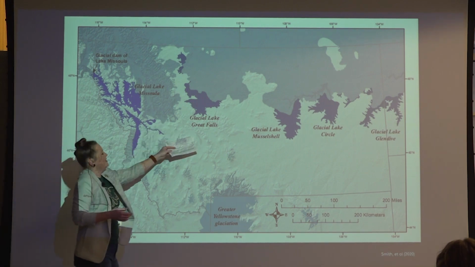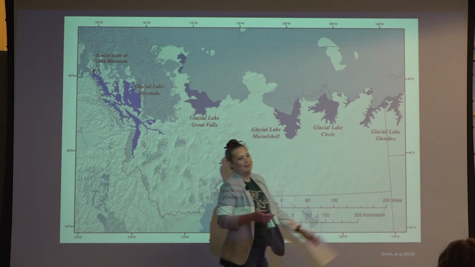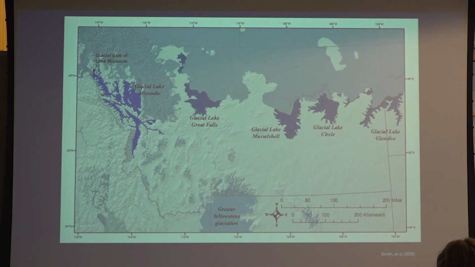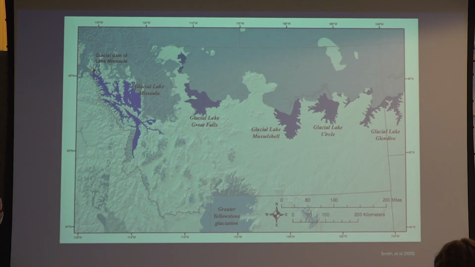But we also had Glacial Lake Great Falls, the Musselshell, Circle, and all the way out to Glendive. So this is the front end of that ice sheet. And anywhere that that ice came down and blocked a major waterway, you get a glacial lake. Also, you can have glacial lakes form just as the ice starts melting, and it just pools up in the depression that the ice sheet made as it advanced forward.